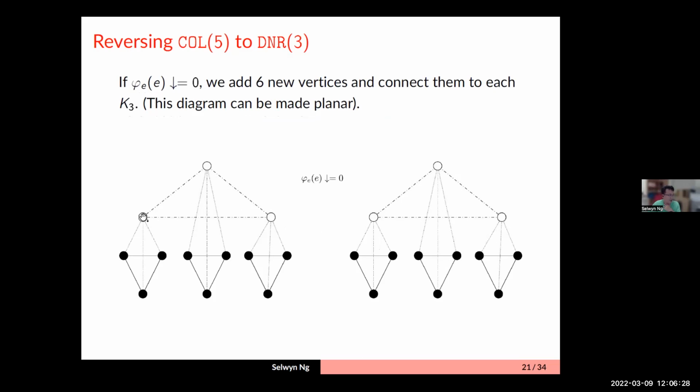We connect each of the 6 vertices to each of the 3-cliques. Like this one here gets connected to these 3 vertices, this one here gets connected to these 3, and so on. Then we also connect the 3 new vertices together to form a new 3-clique on each side. Now I know this is not very planar looking, but it can be adjusted to make the edges not crossing.